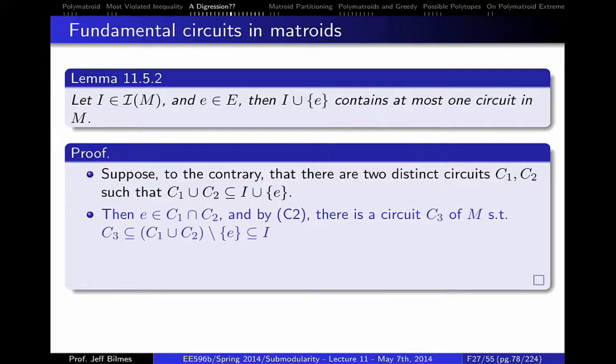We know that there has to be at least one E that lives in the intersection because we've created these two circuits by adding an E. And so that means that there exists a circuit C3 such that C3 is a subset of these two circuits except for E. And that's a subset of I. Okay.